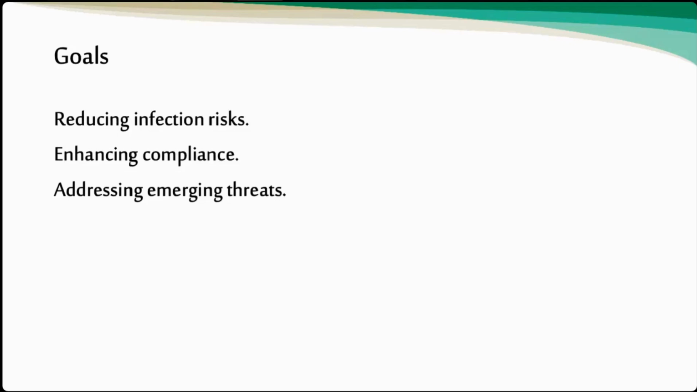The risk of development and transmission of a healthcare associated infection is minimized through a hospital-wide infection prevention and control program, which identifies the risk for acquisition and transmission of epidemiologically important infection. So reducing infection risk will be based on your surveillance data.